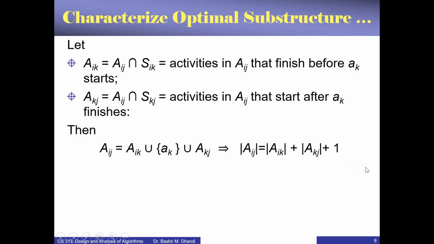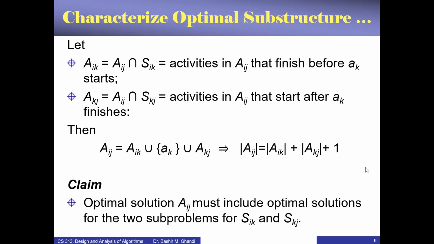All right, now we want to claim that the solution Aij includes optimal solutions to the two subproblems Sik and Skj. In other words, we are claiming that these two subsets Aik and Akj are actually optimal solutions to their individual subproblems Sik and Skj.